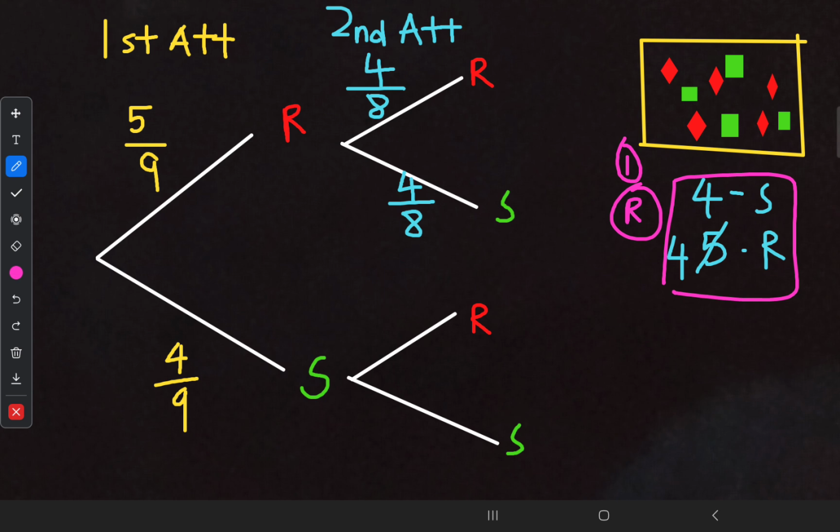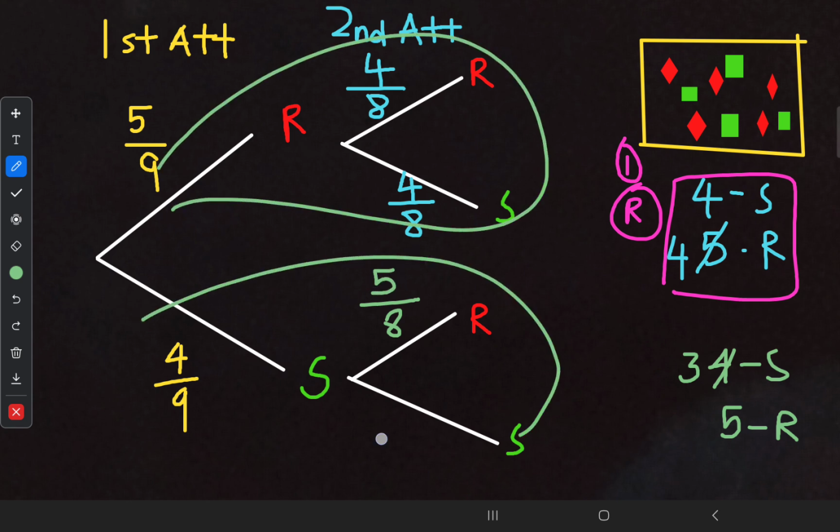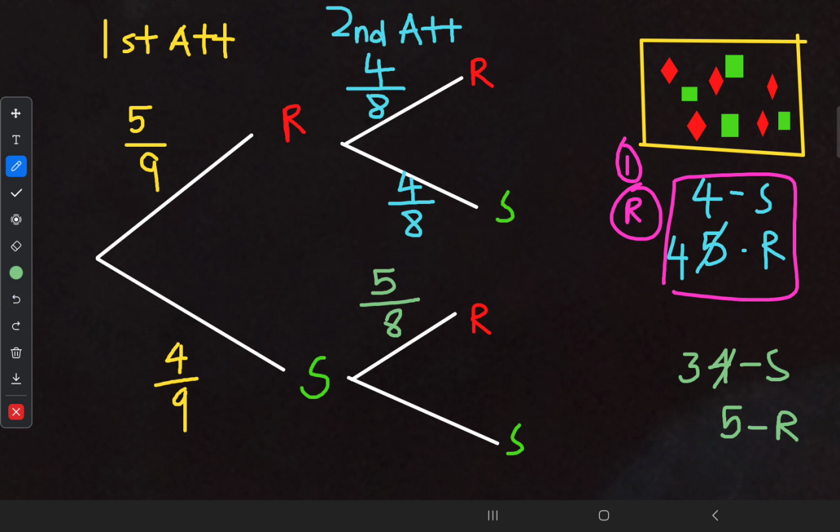Similarly, I have to complete my next branch also. Here, in his first attempt, he selected a square shape. So there are totally 4 squares and 5 rhombus. He selected one square, so one count is reduced from squares. Now we have totally 8 objects. In 8, we have 5 rhombus. Don't confuse this with the other branch; these are different events.